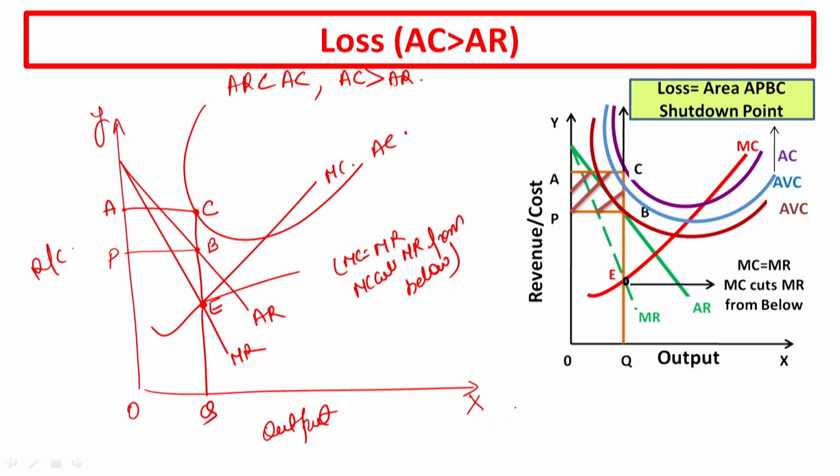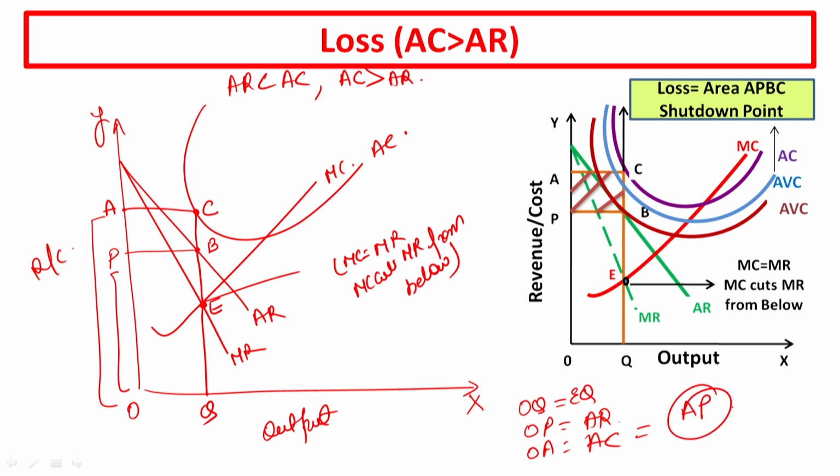That means your OQ is your equilibrium output, your OP is your average revenue, and your OA is your average cost. So when you subtract OA from OP, you will get the area AP. This is the loss per unit.